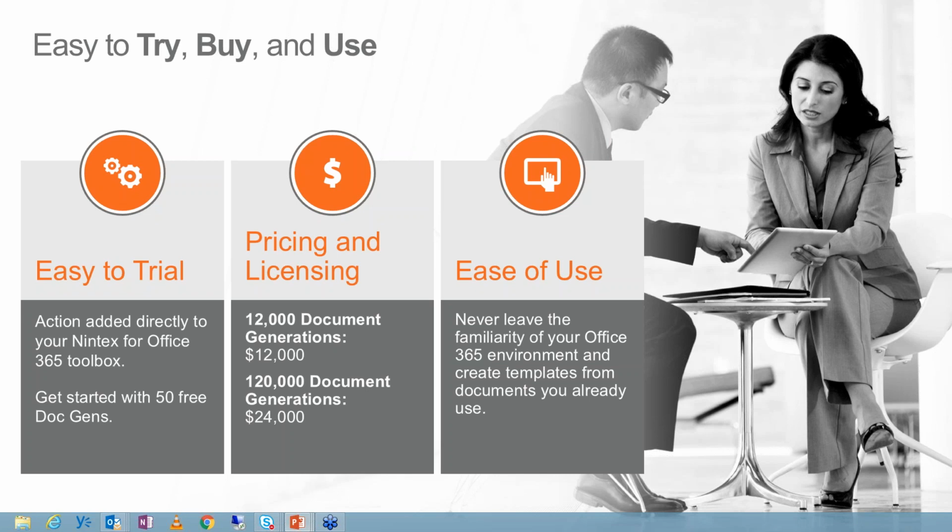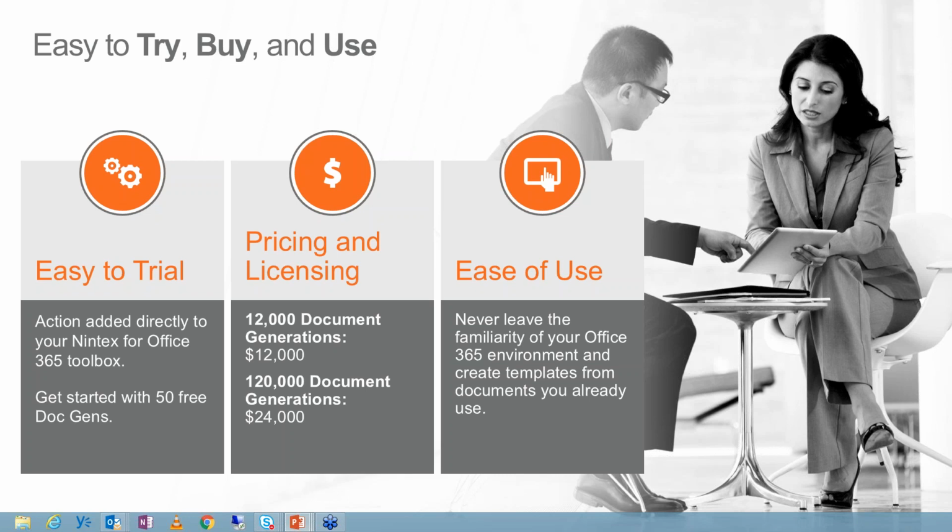Or if maybe you've already had the trial and you're ready to move forward and start building out your documents, we've got a couple of different pricing and licensing options: 12,000 document generations for 12,000, or 120,000 document generations for 24,000.